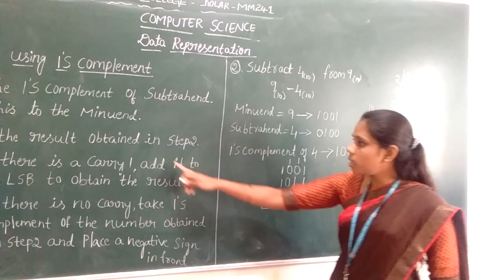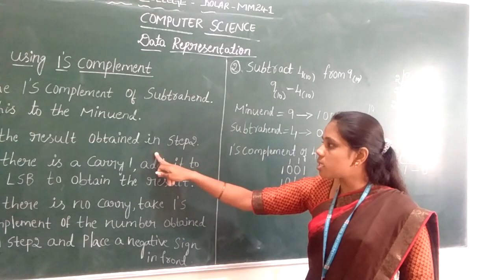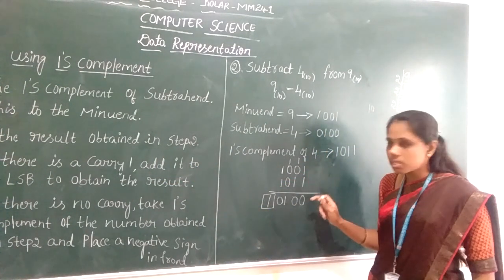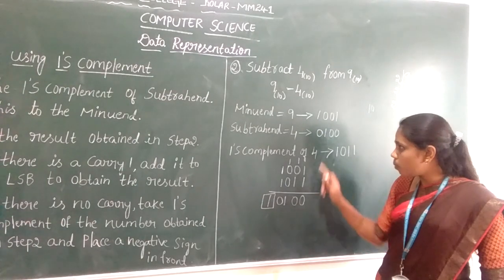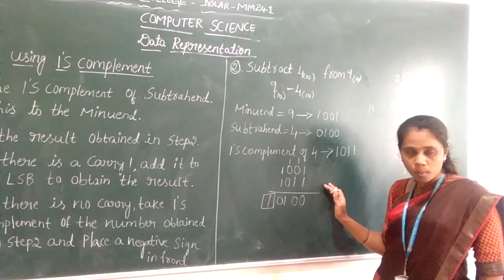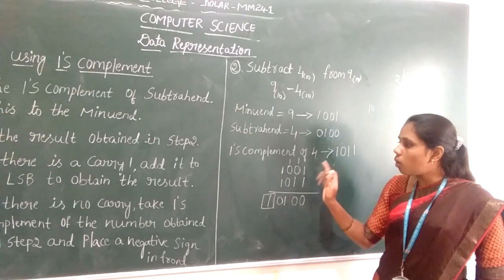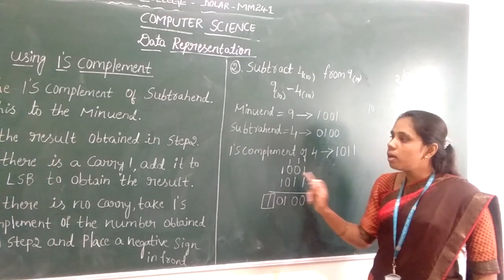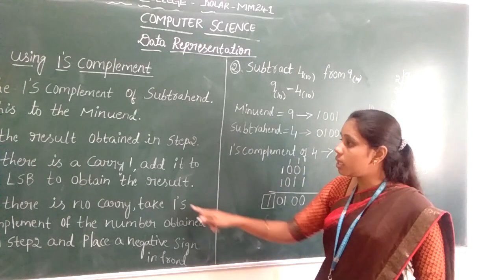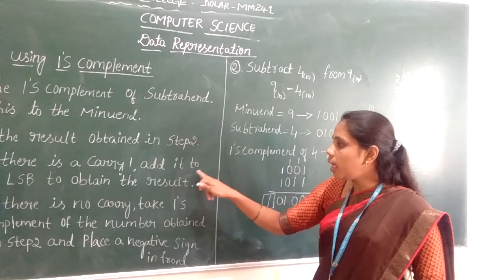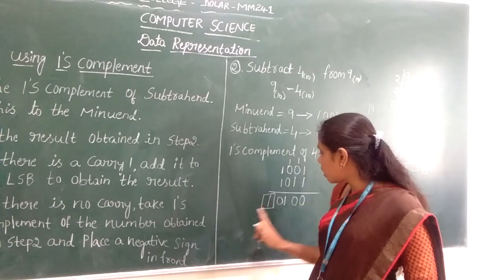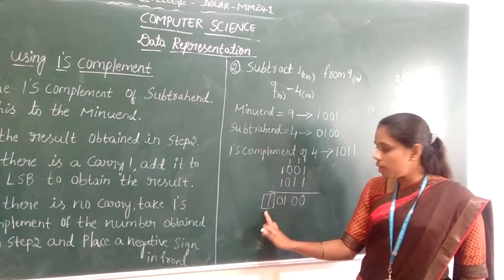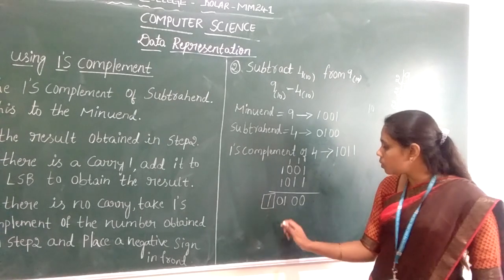Now in step 3, check the result obtained in step 2. Step 2 is this: after adding the minuend and the ones complement of the subtrahend, what result did we get? You just check. In that we have two conditions. If there is a carry 1, add it to the LSB. Yes, we have a carry here, right? So this is our carry. Add this to the LSB.